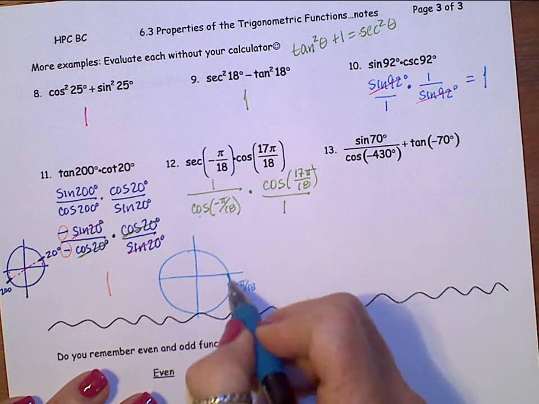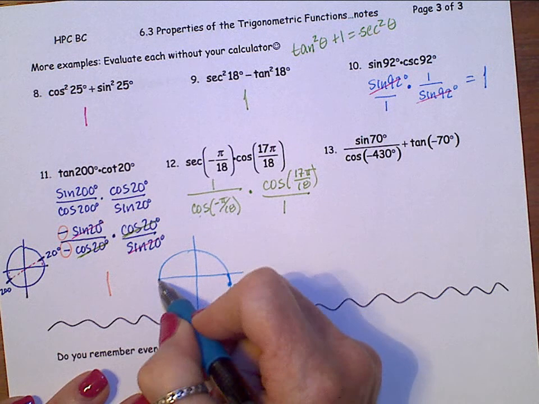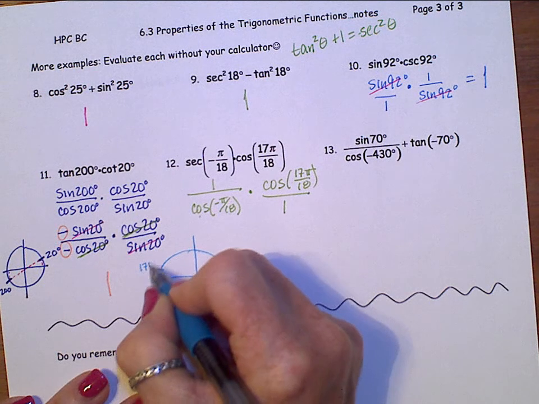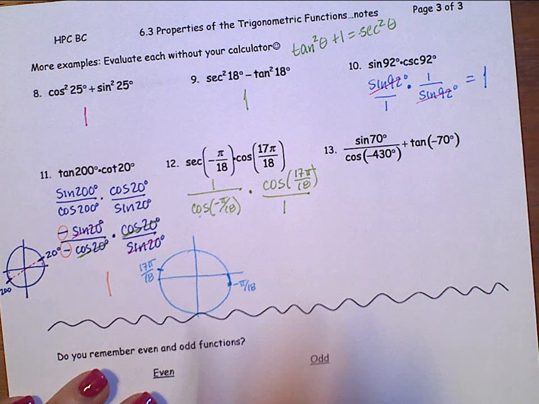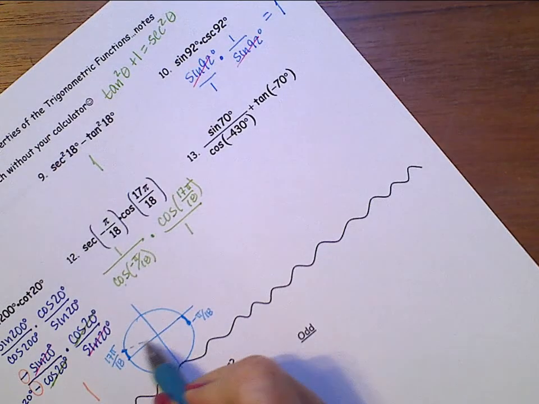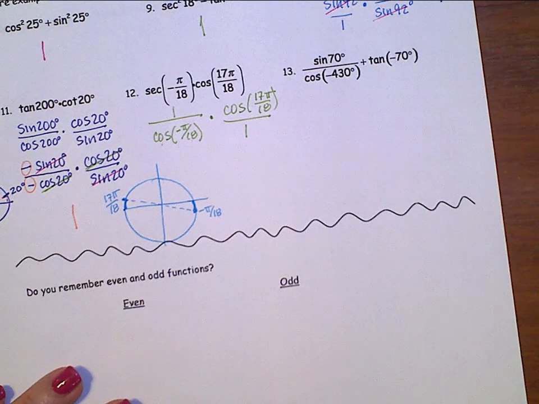So pi would be over here, but 1/18 pi shorter than that. So right there, there's 17 pi over 18. Huh, this is pi over 18 going down. This much is pi over 18 going up. How far apart are those guys? Yeah, those are exactly halfway around the circle.